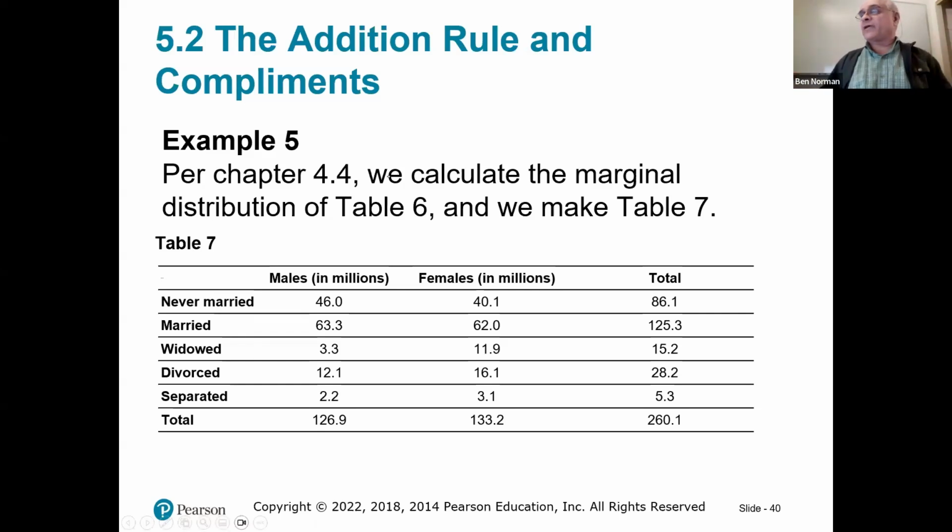Per 4.4, we calculate the marginal distribution for table 6. We make table 7. We add up each row to get a row total, and add up each column to get a column total. By adding up the totals, we get this grand total of 260.1.